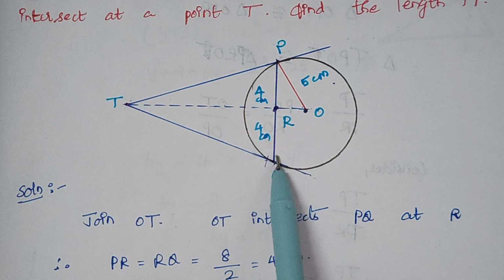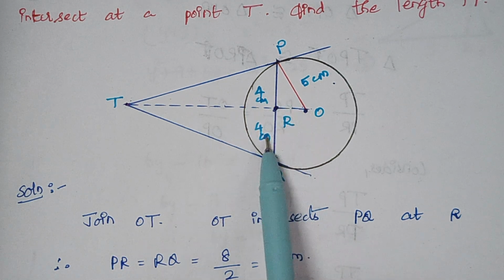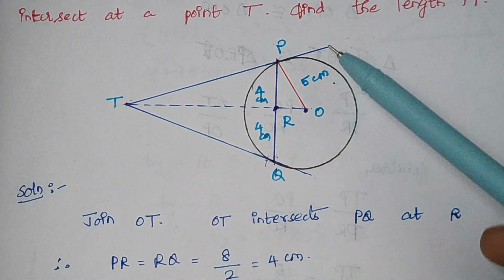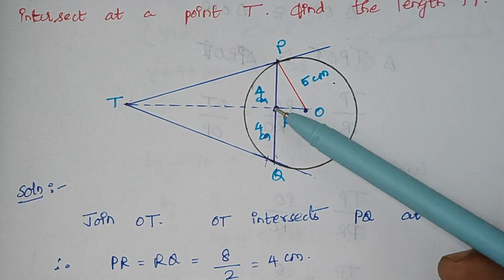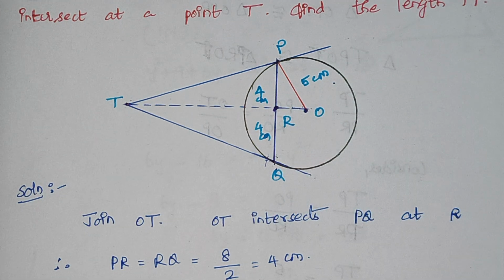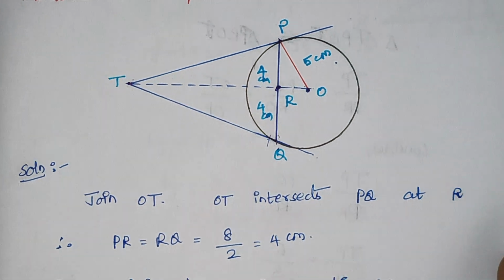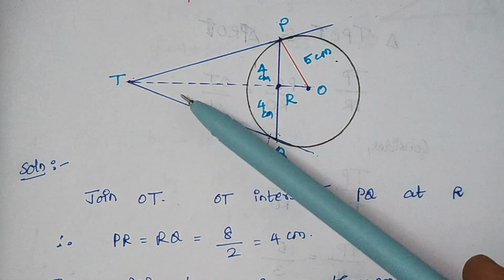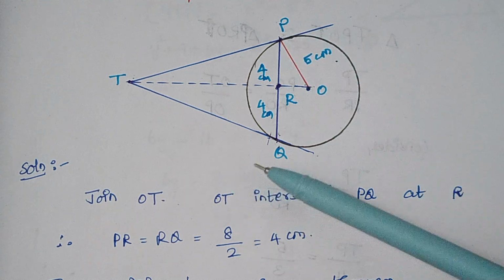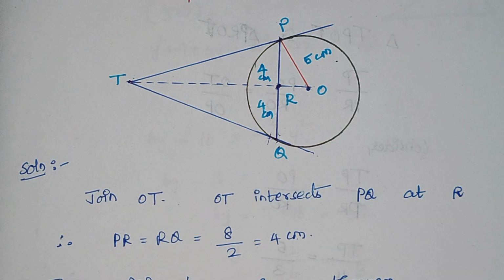So this 8 centimeter is divided as 4 and 4. Therefore PR is equal to RQ, which is equal to 8 by 2, because the total length is 8 and this line divides the chord into 2. So 8 by 2 gives you 4.